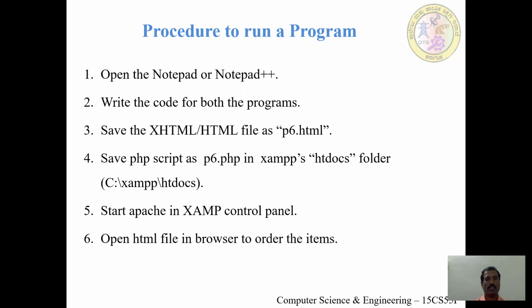Here is the procedure to run the program. In order to run the sixth program, we need to create one XML document and one PHP script by using any editors.